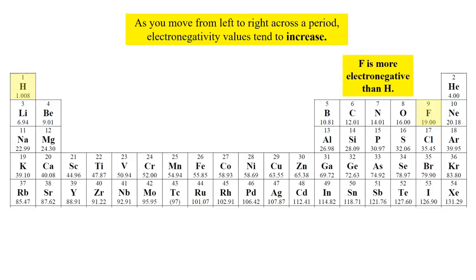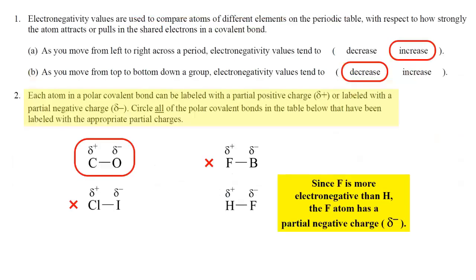We would expect fluorine to be more electronegative than hydrogen, especially considering how far apart they are on the periodic table. Now, since fluorine is more electronegative than hydrogen, then the fluorine atom should have a partial negative charge. So this bond has been labeled correctly with the appropriate partial charges.